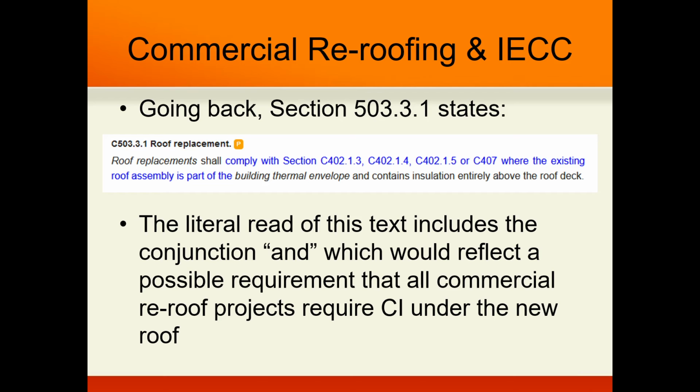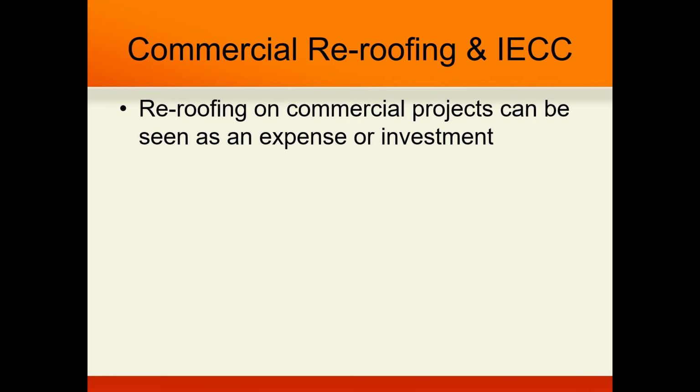There are some who, when they read this, will say that once you have to re-roof a commercial building, this triggers you to put the CI portion, that continuous insulation portion, on top of the deck before the roof goes down. That is certainly a more conservative understanding, but you can see clearly here where it does tend to read and lend itself to that in a more literal sense.